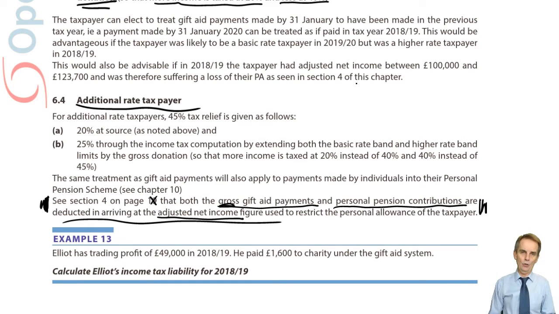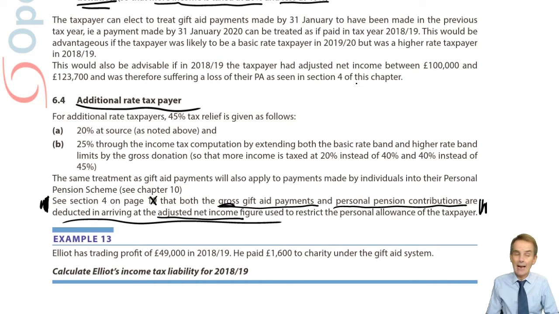Now, I do stress there, personal pension contributions. Chapter 10 deals with pension contributions, specifically with pensions. Chapter 9 deals with employment income. And if somebody is in employment, we'll discover in Chapters 9 and 10 that the employer may run what is referred to as an occupational pension scheme.